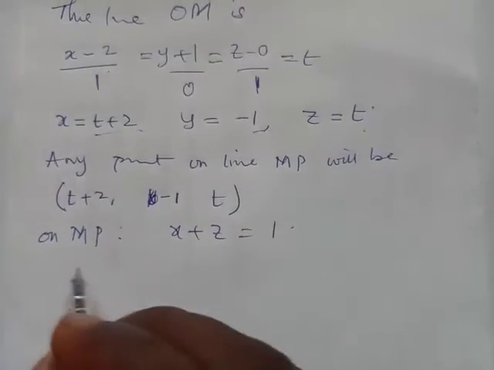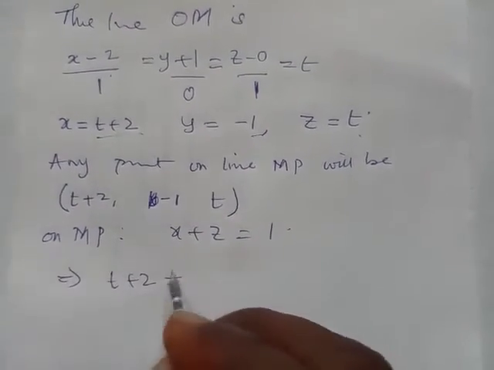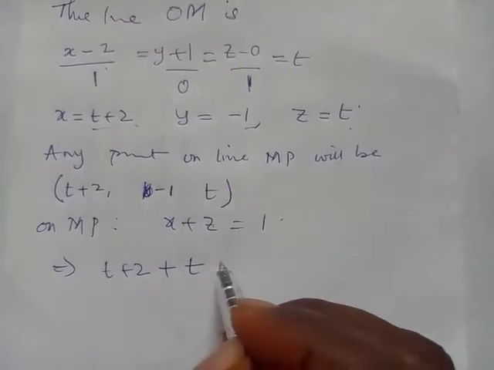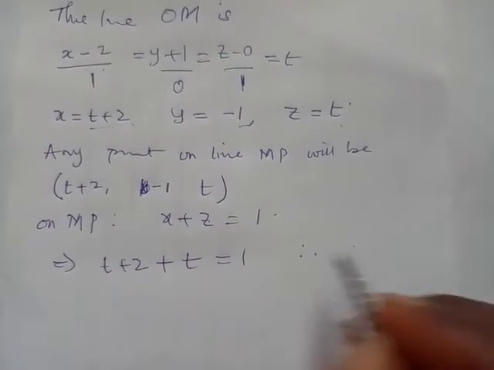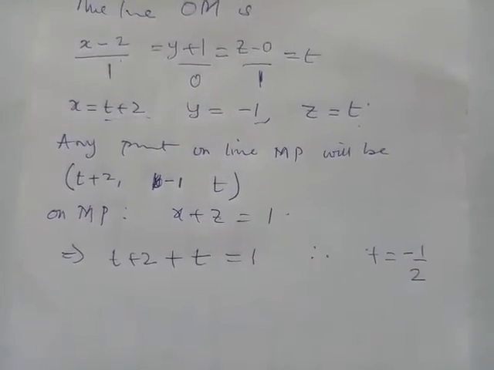So let's substitute it there. This will be x, our x is t plus 2, plus z, our z is t, is equal to 1. Without stressing ourselves, you see that t is equal to minus 1 over 2.